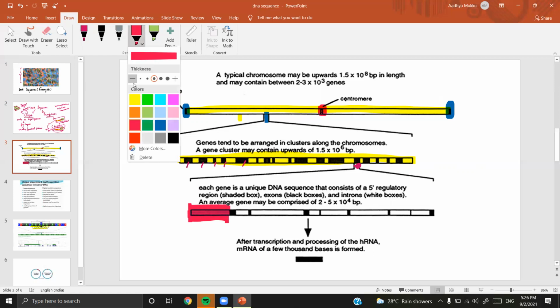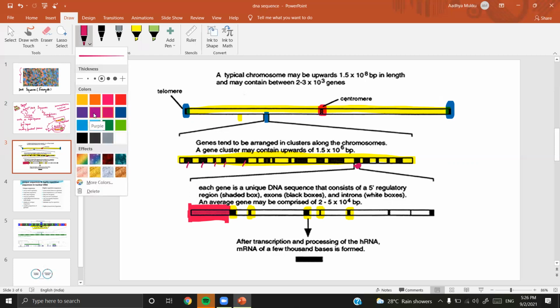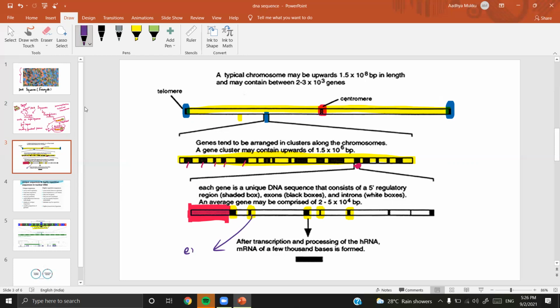And to that, you can even see the presence of these dark structures here. These are called exons. And these exons are responsible for what, children? These are responsible for the encoding of proteins, right? These are the exons which are going to code for the proteins.